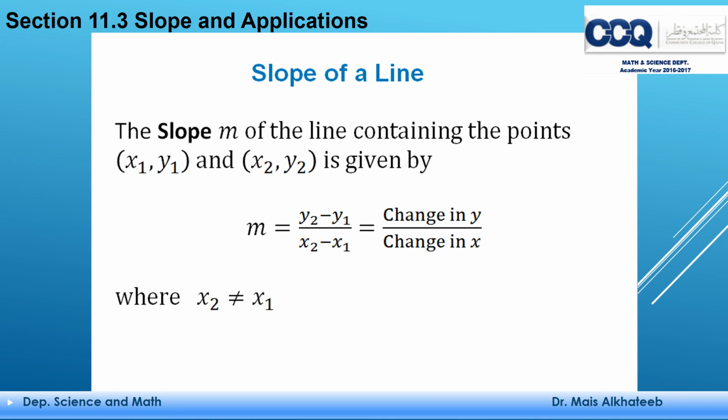Then the slope m will be denoted by m. It is y2 minus y1, which means we subtract the y values from each other, over x2 minus x1.